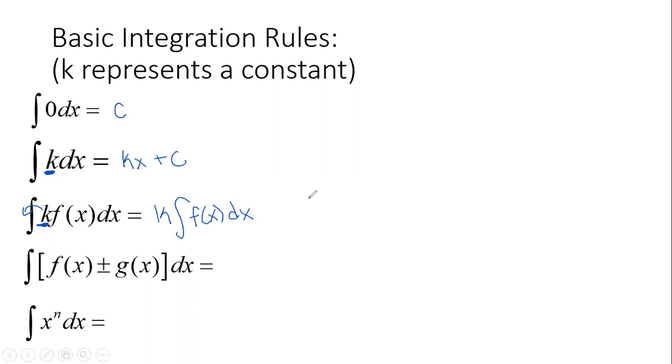So say, for example, we had the integral of 3x dx. Essentially, we're able to take this 3 out. So we have 3 times the integral of x dx.